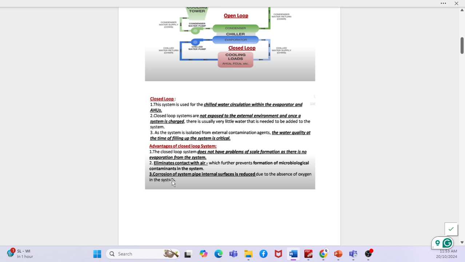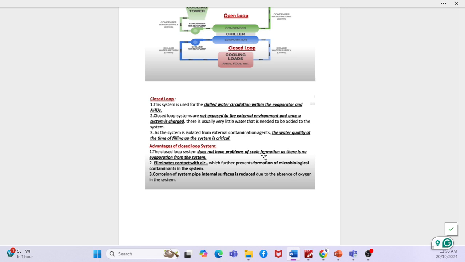But still there will be formation, corrosion will happen, and there will be a chance of air contact from the atmosphere, because you will be adding fresh water to the system. So there is a chance that the exposed water will be open to the atmosphere. Okay, so there is a chance of scale formation because you are adding fresh water into the system, right?